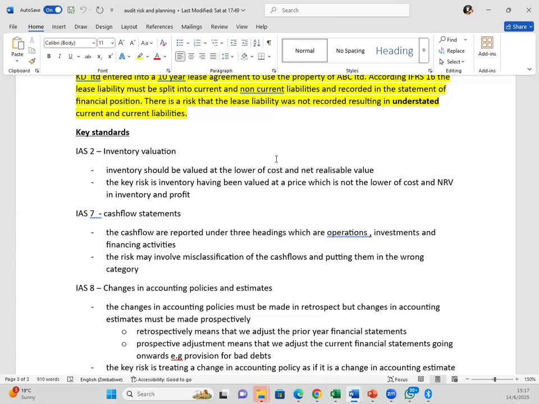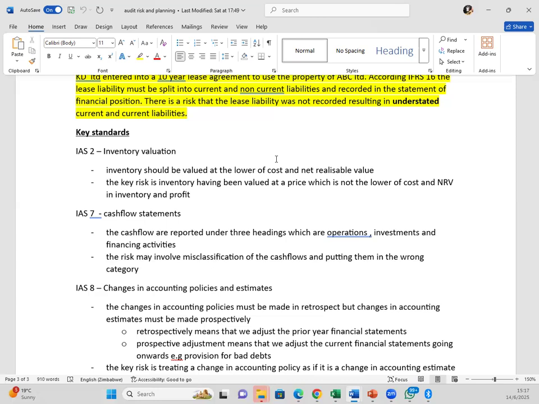Is the method the lower of cost and net realizable value? There is a common danger of valuing inventory at a price which is not the lower of cost and net realizable value, thereby violating the requirements of IAS 2.